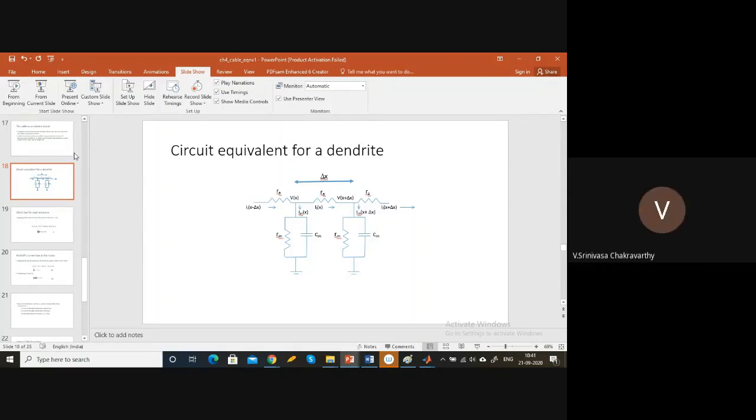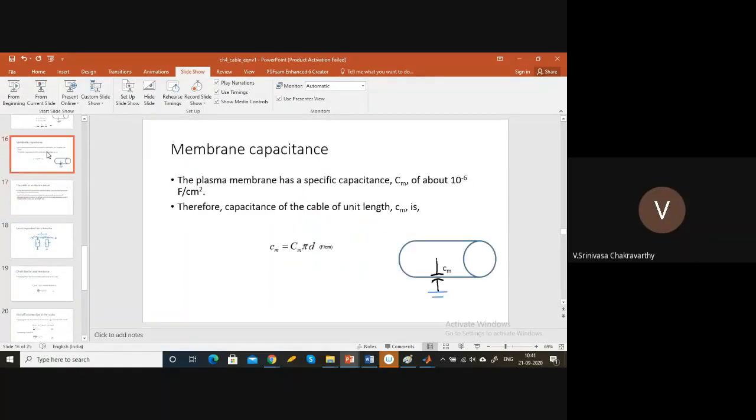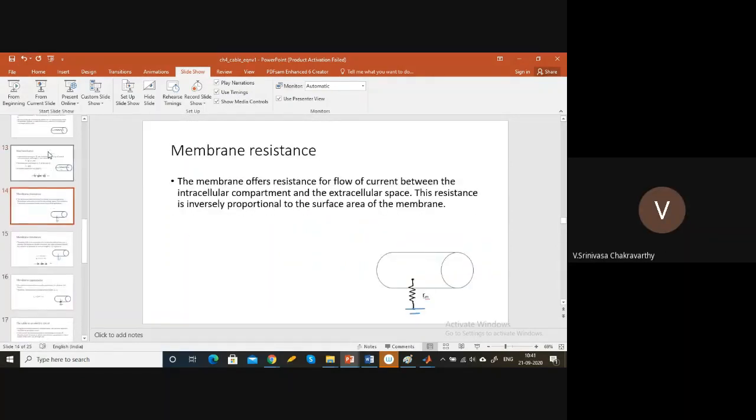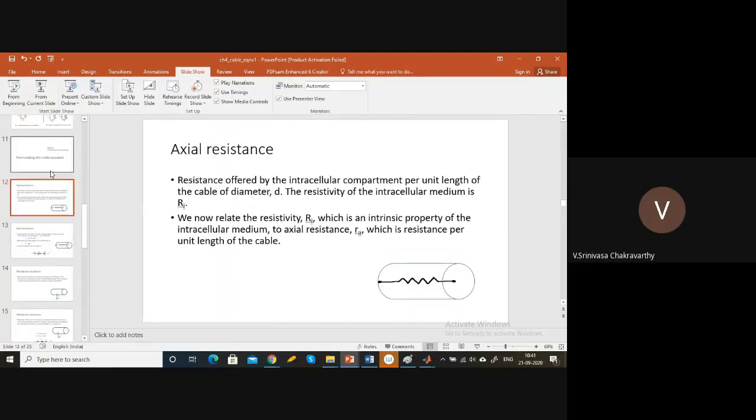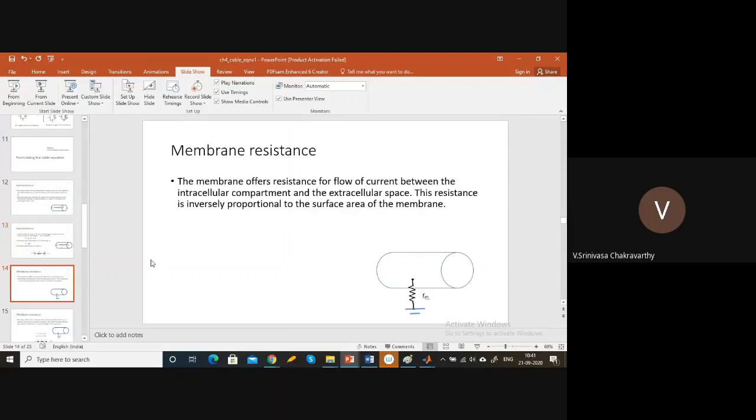So what we have done in the last several slides, actually good that you asked this question, is define axial resistance, membrane resistance, and all that. Basically, from quantities which are defined in terms of per unit area, we define quantities which are defined in terms of per unit length, because they are more convenient to describe dynamics on a cable.